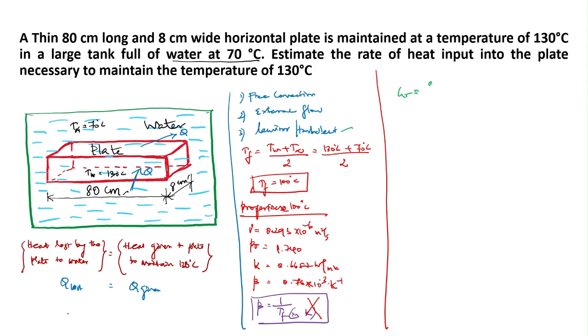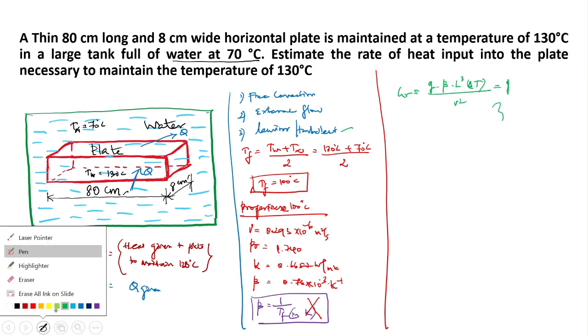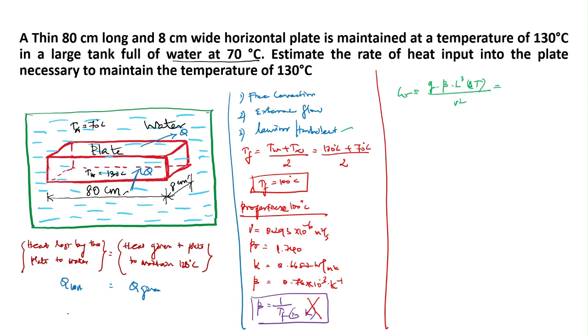The Grashof number is equal to g beta L cube into delta T divided by nu square. In some cases it can be written as g beta x cube into delta T divided by nu square. So instead of using x, we are using what is called L.